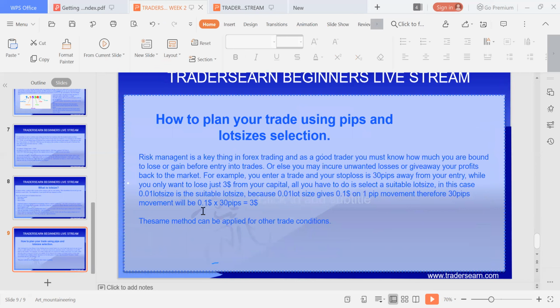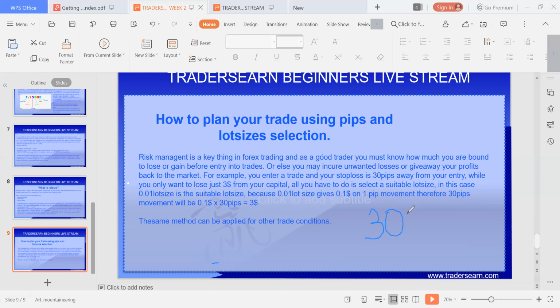All right, okay. How to use this to plan your trade. It will help you in planning your trade, because if you want to lose 30% or make a profit of 30% of your total capital, let's use loss now.